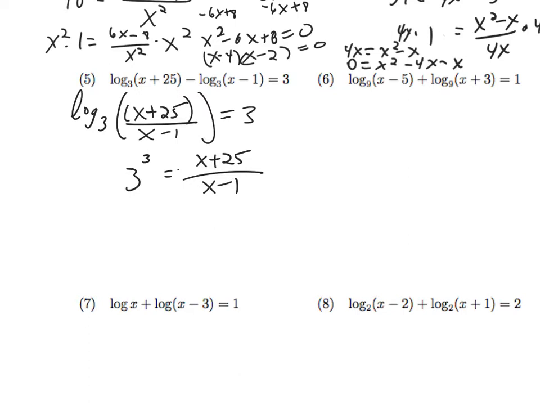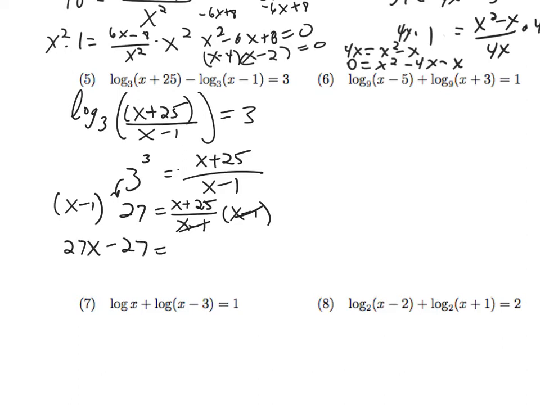I would multiply both sides by x minus 1. But first, I'm going to change 3 cubed to 27. Multiply both sides by the denominator. Cross, cross. I have 27x minus 27 equals x plus 25.